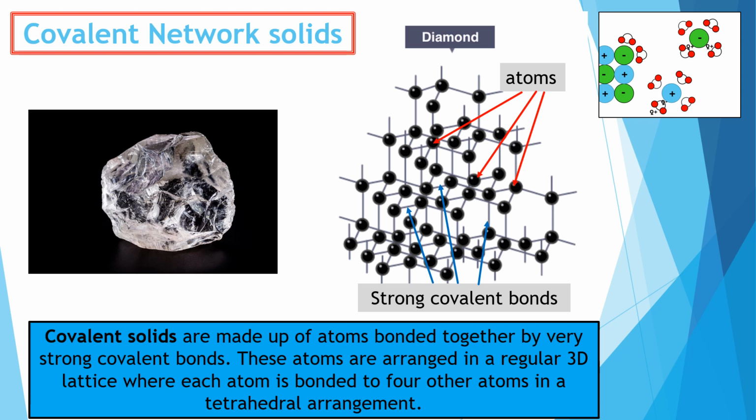If we wanted to explain this in a nice structured paragraph, we would say that these covalent network solids are made up of atoms bonded together by very strong covalent bonds. These atoms are arranged in a regular 3D lattice where each atom is bonded to 4 other atoms, and we can see this is a tetrahedral arrangement.